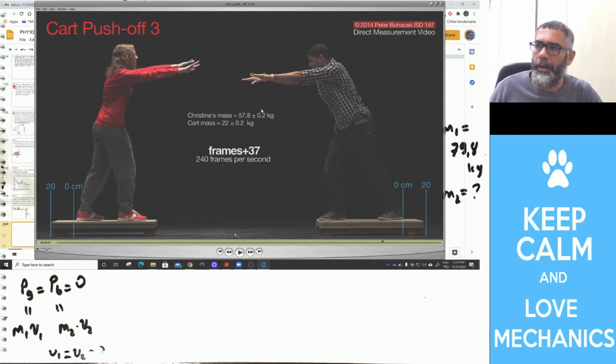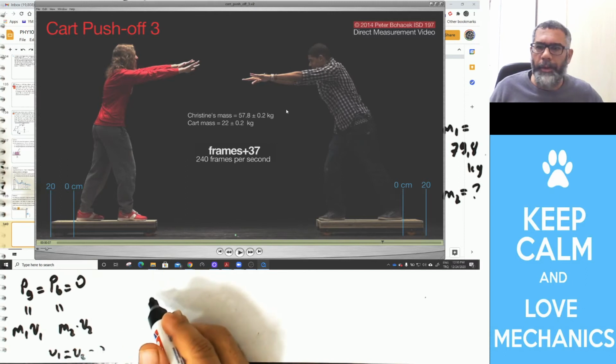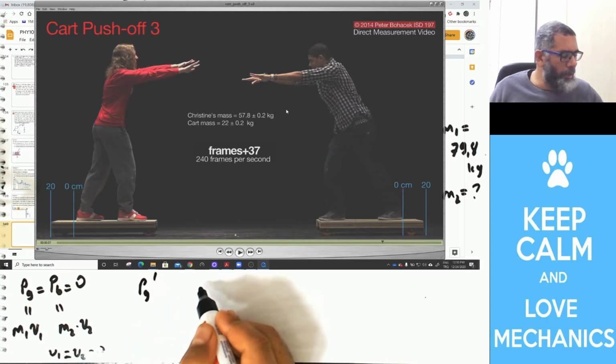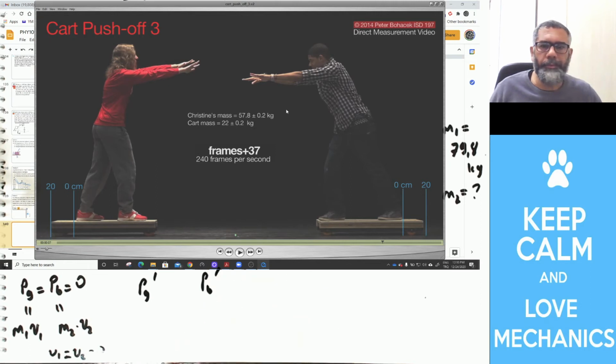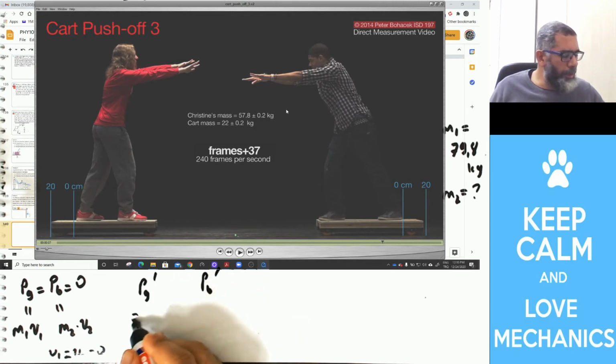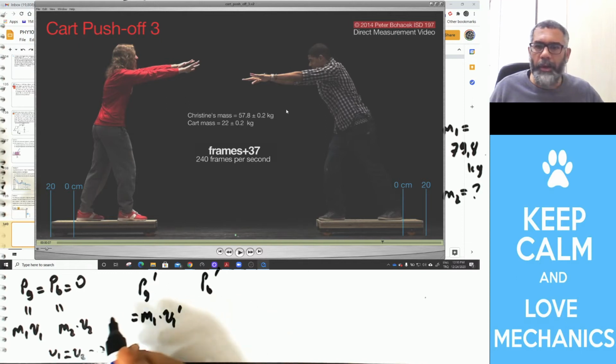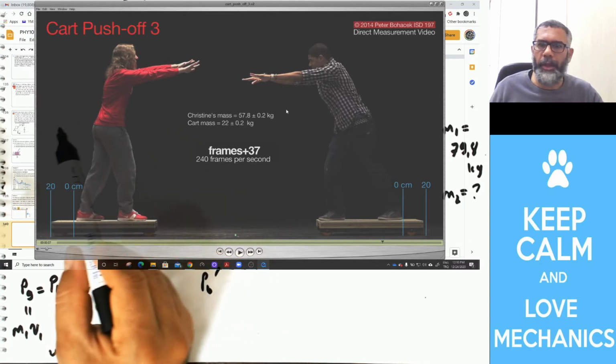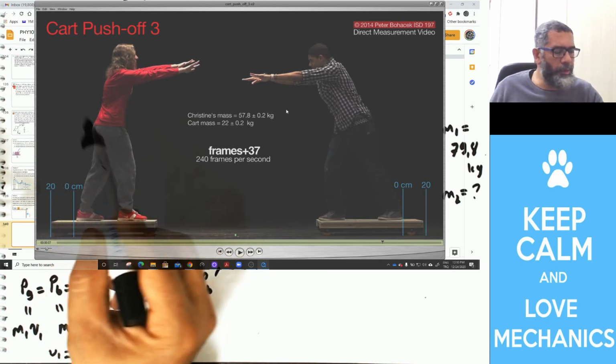Let's denote these momentums as primes, pg prime and pb prime. Obviously, pg prime is just the mass of the girl m1 together with her cart multiplied by v1 prime, but the v1 prime is the girl's velocity toward left because the girl is moving toward left.